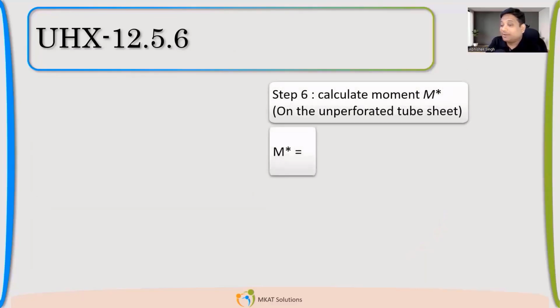Now, using all that, the first step was to calculate the differential moment, which creates a turning moment because of pressure in the unperforated region.